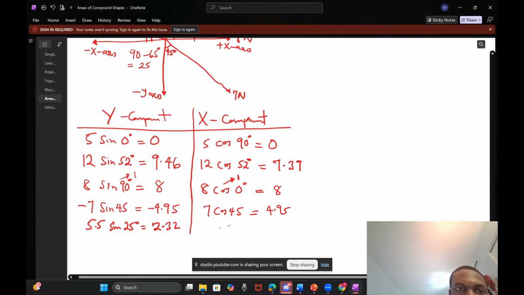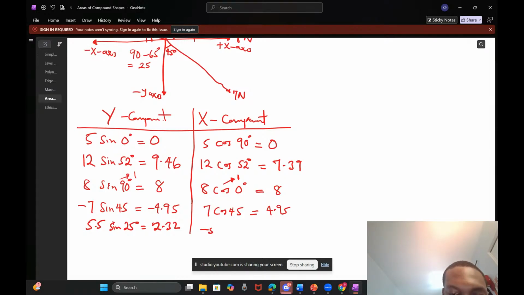And then for the negative x-axis, that's negative 5.5 cos 25 degrees. So that's minus 4.98.